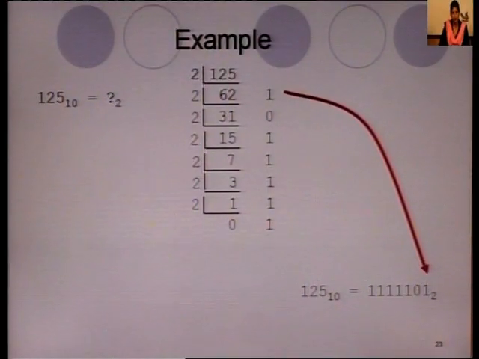So the first remainder from the top is the rightmost bit of our string, so we can start from the bottom counting up. It is 1111101. So the binary equivalent of 125 is equal to 1111101.